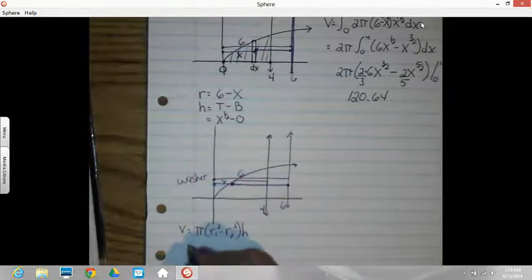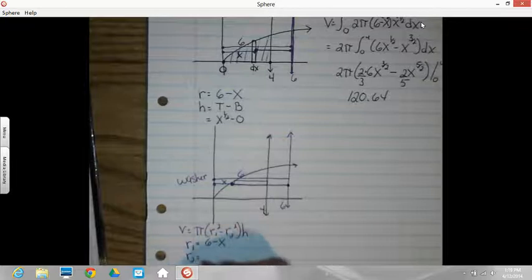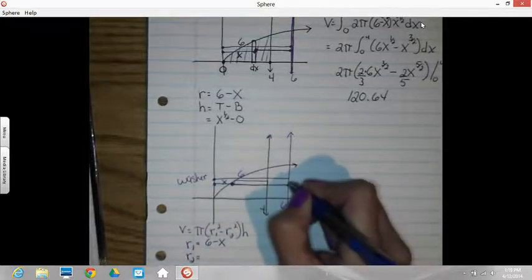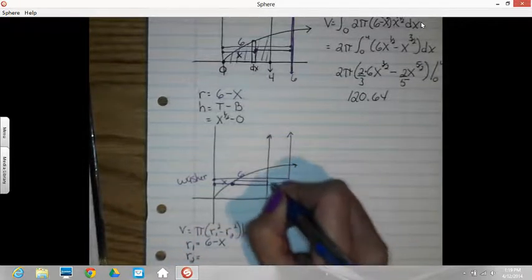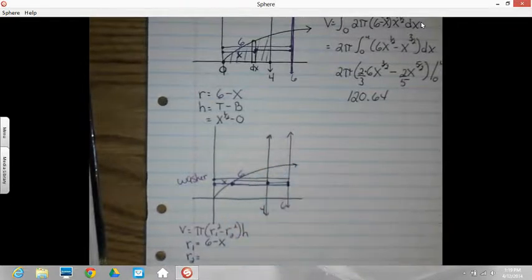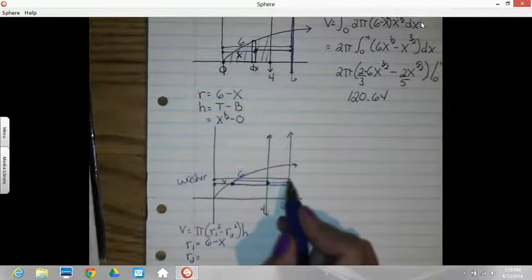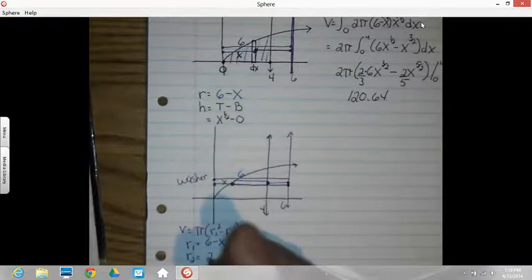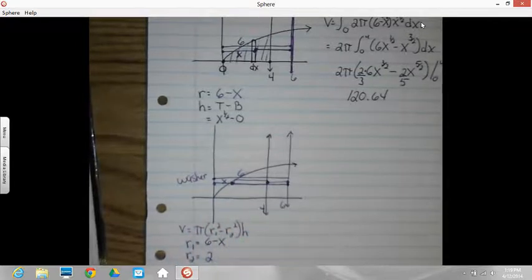So our r1 is going to be 6 minus x. The r2 is the distance from the axis to the inside of the rectangle. So that's a constant distance of 2. 4 to 6, a distance of 2.